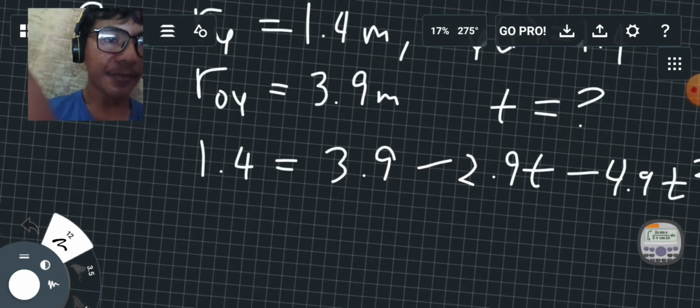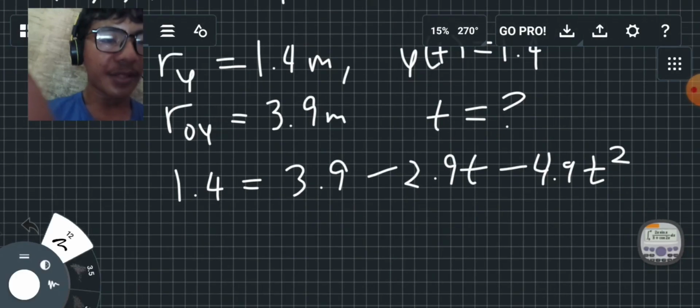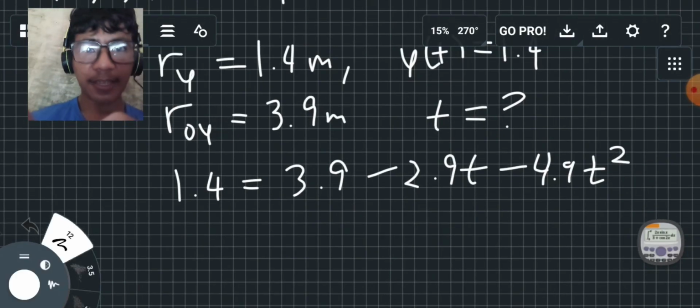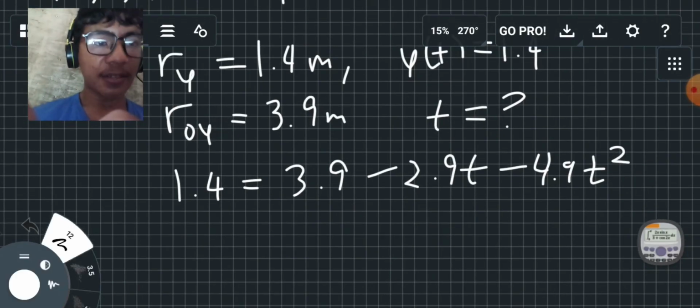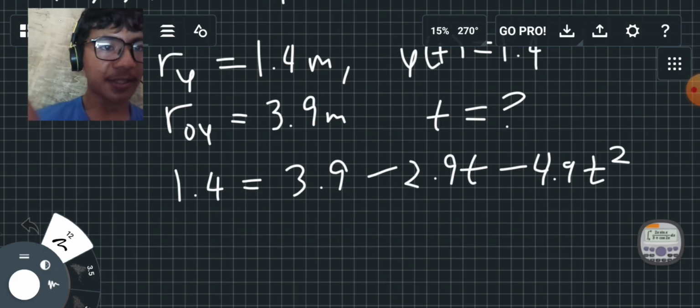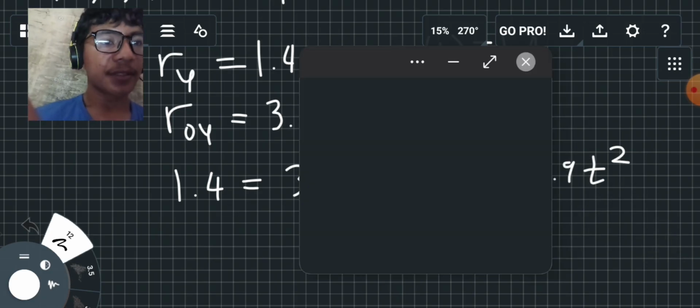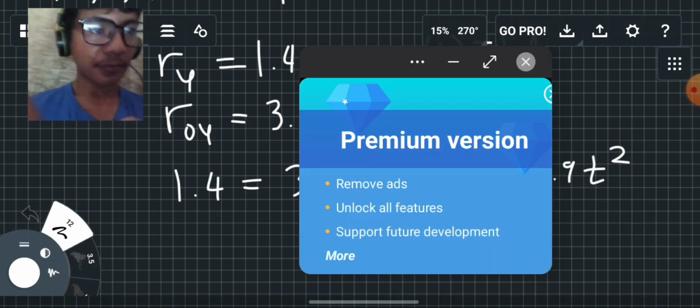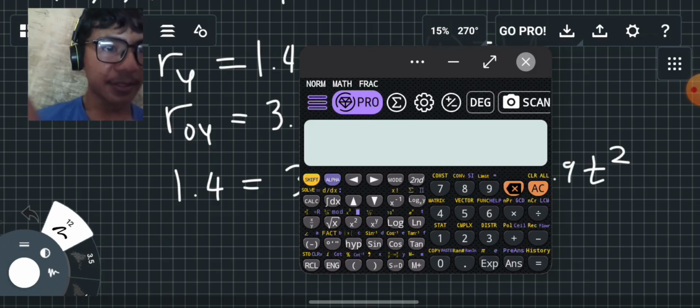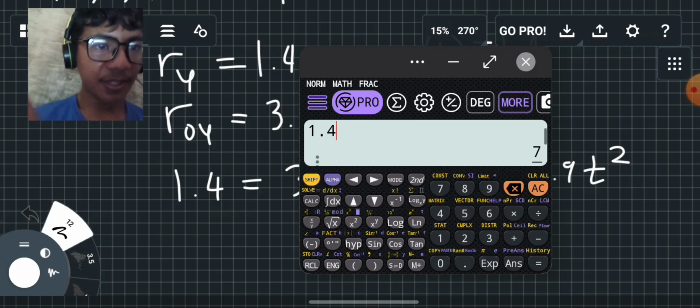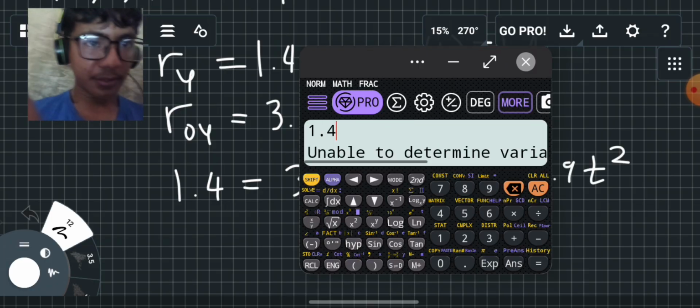It is a quadratic equation, but we can use a calculator to solve for its roots. Let the calculator do the job for us.